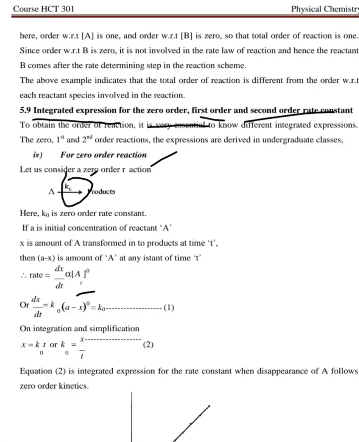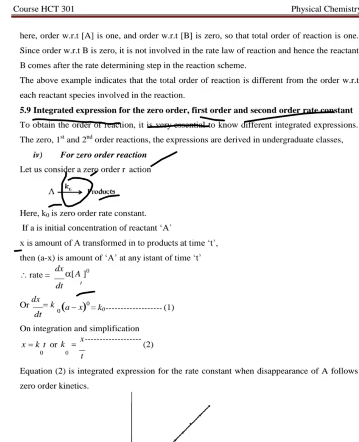A is the amount of moles, and x is the amount of A transferred to the product. How much amount is converted into the product, we take as x here. X is the amount of A converted to the product.